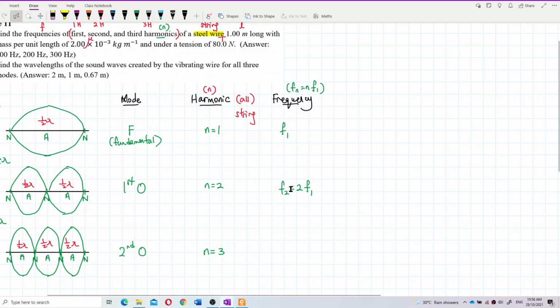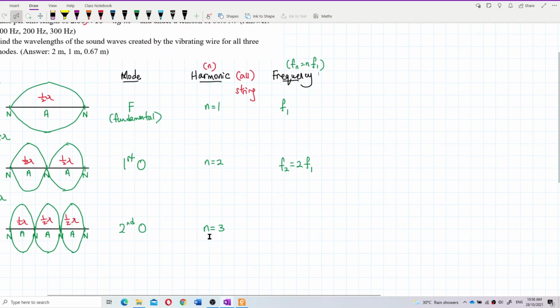Second harmonic means it has frequency twice the fundamental mode frequency. n equal to 3 means the frequency is 3 times the fundamental frequency.